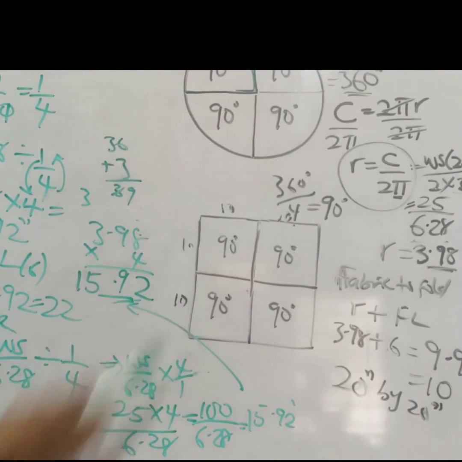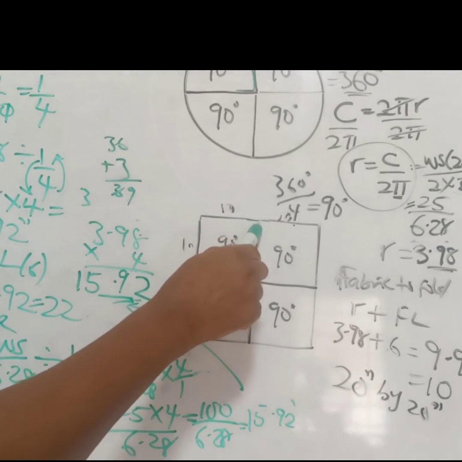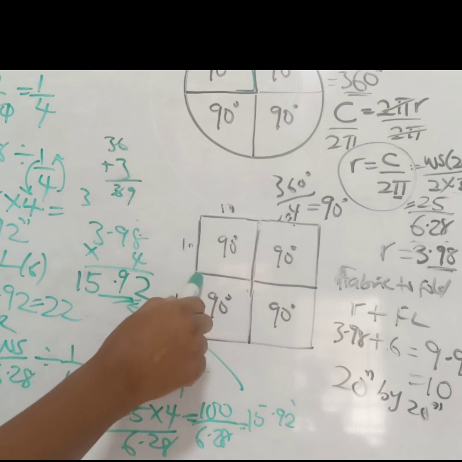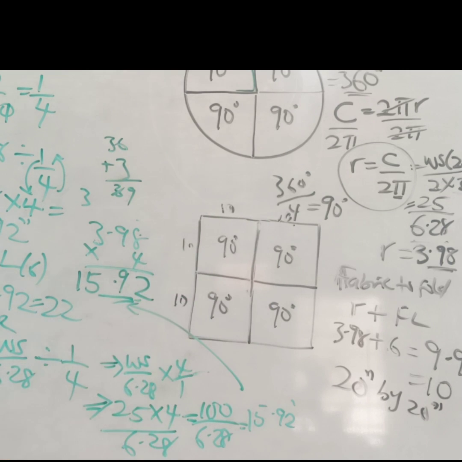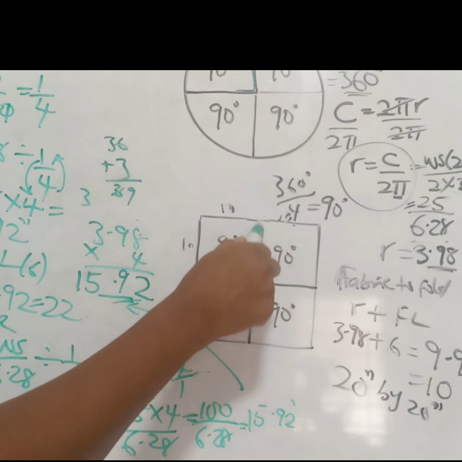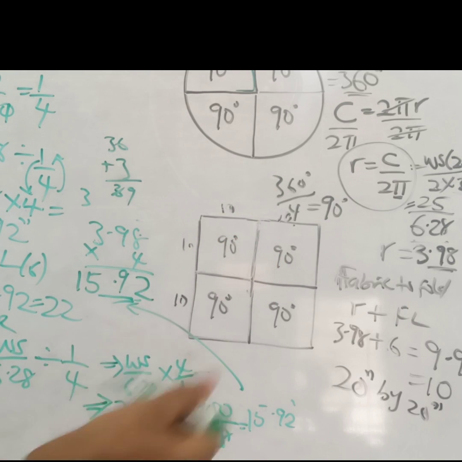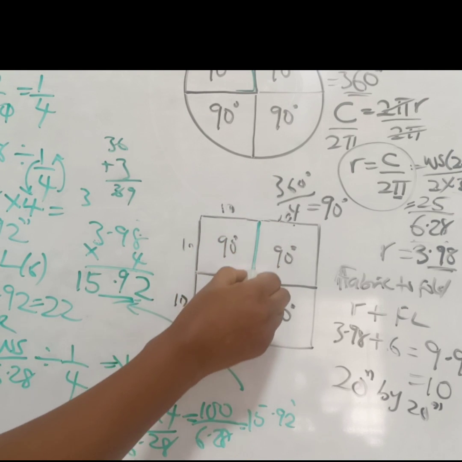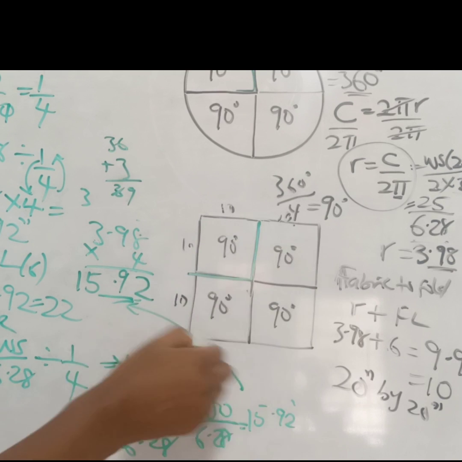Because it's a 90 degree, it is only here that we are interested in. So that means we will not be folding the fabric. As you can see, 90 is just here like this, just 1/4 of the full circle.